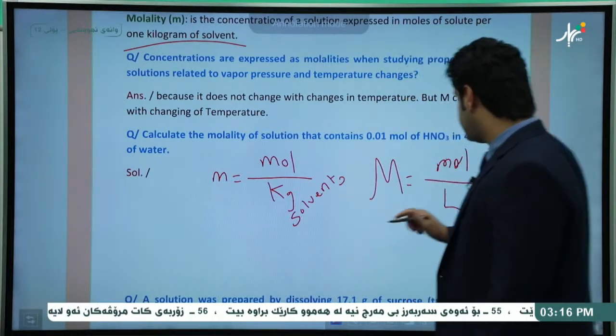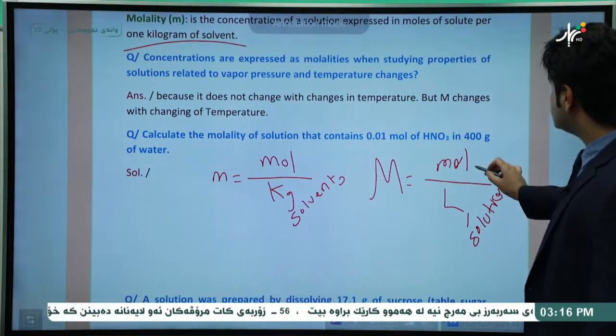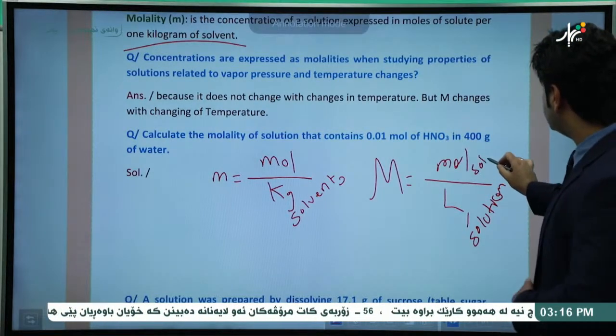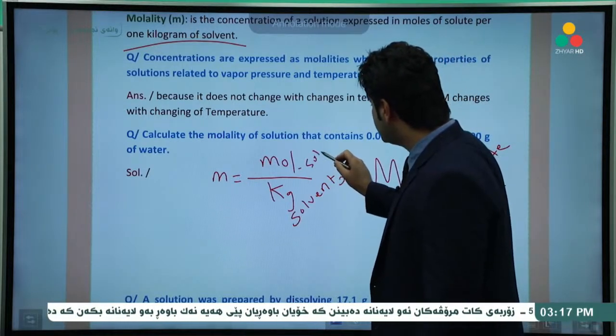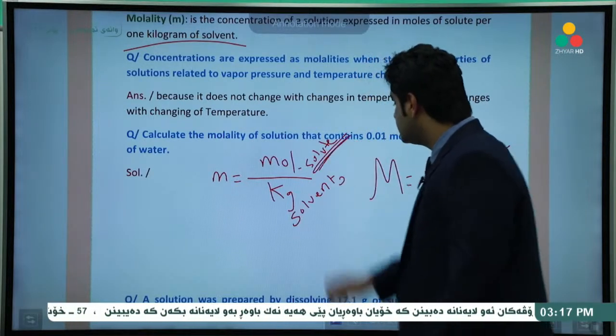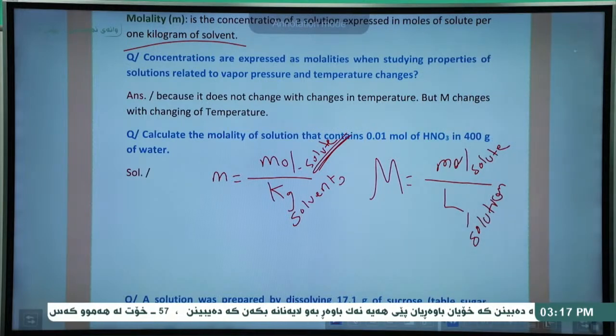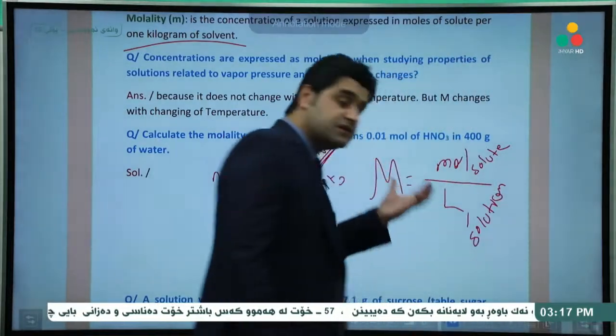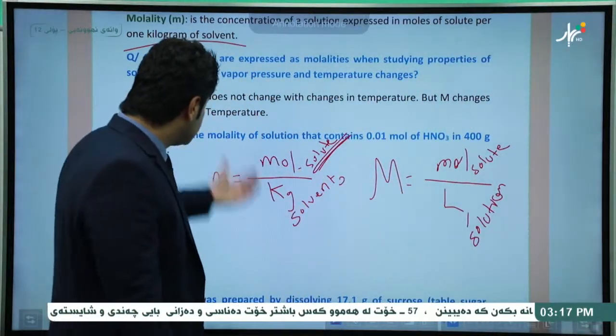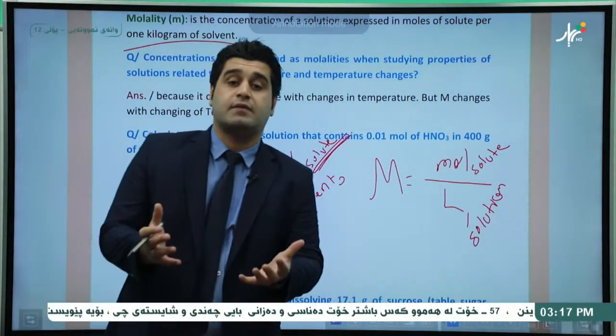Now that's the difference, because number of mole is always for the solute. We don't have any problem with the number of mole, so it's for the solute. But in molarity, we have a liter of a solution, but in molality we have a kilogram.